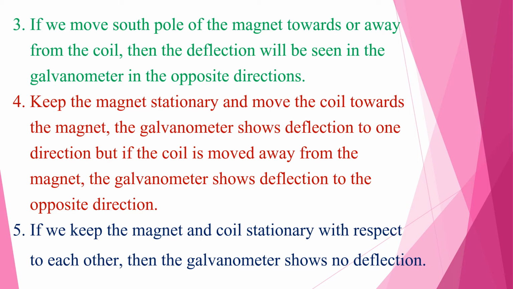When we move the coil towards the magnet, the galvanometer shows deflection to one side, and when we move the coil away from the magnet, it shows deflection in the opposite direction. If we keep the magnet and the coil in stationary position, then there won't be any deflection in the galvanometer.